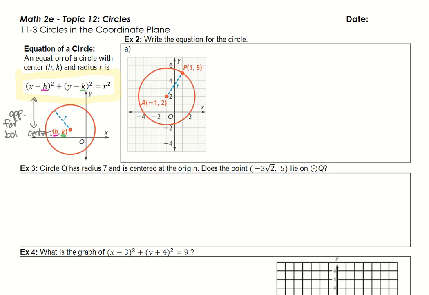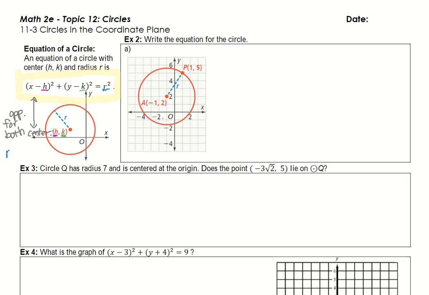We talked about the reason we always did the opposite for h is because it's x minus h. This one's also y minus k. That part is different from a parabola because k was outside of parentheses. It wasn't being subtracted by a variable. And then that's going to be equal to r squared.